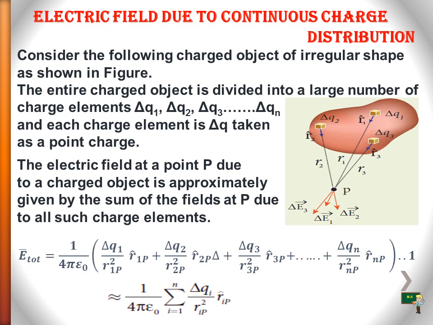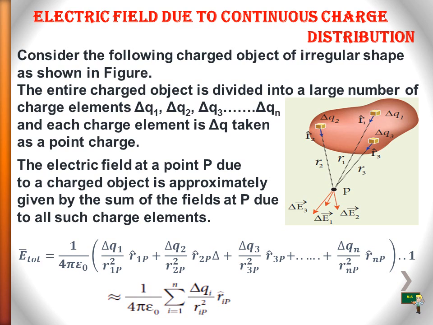So 1 by 4 pi epsilon 0 del Q1 divided by R1P square into R1P cap, plus del Q2 divided by R2P square into R2P cap, plus del Q3 divided by R3P square into R3P cap, plus so on till del Qn divided by RnP square into RnP cap. This is considered as equation number 1.